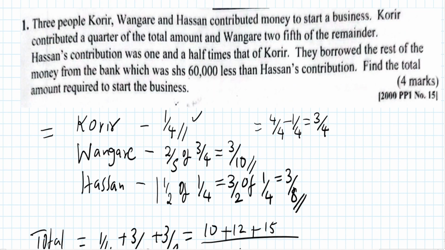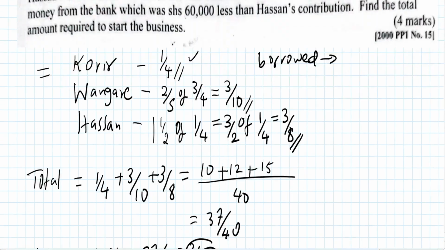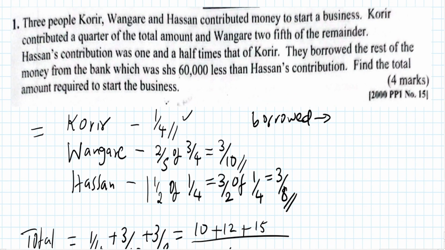Now, coming back to this question, you've been told they borrowed the rest of the money from the bank, which was 60,000 shillings less. So remember, the rest of the money they borrowed. So the amount that they borrowed is 3/40 because they used 37/40.